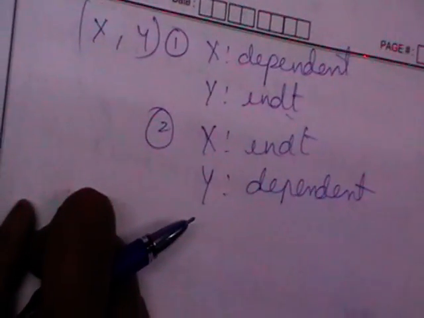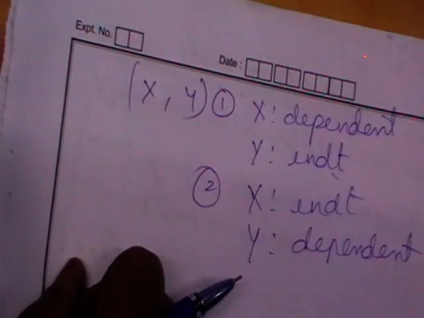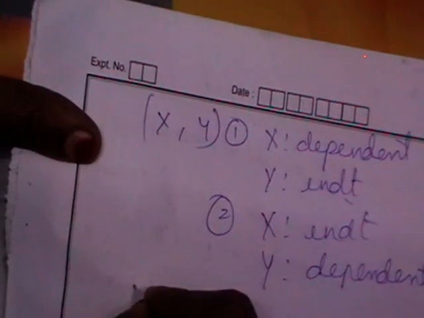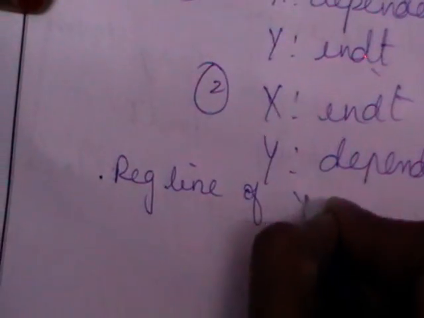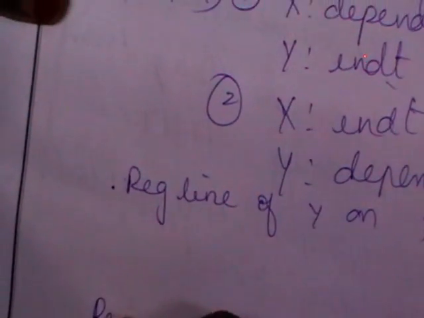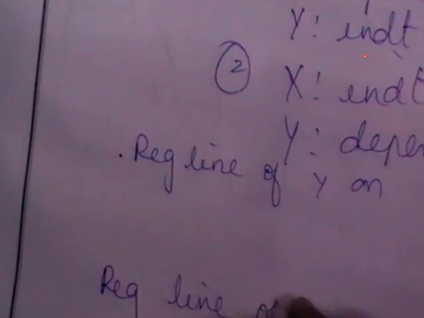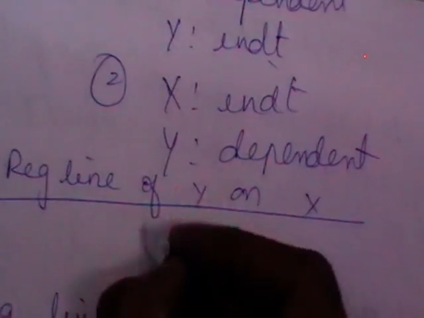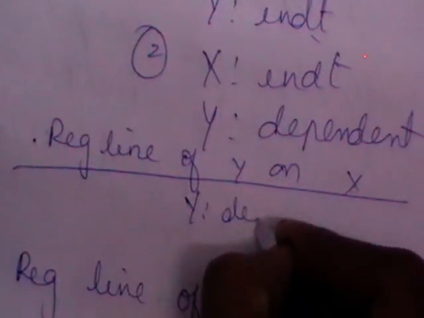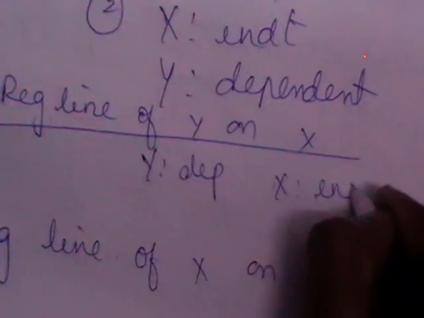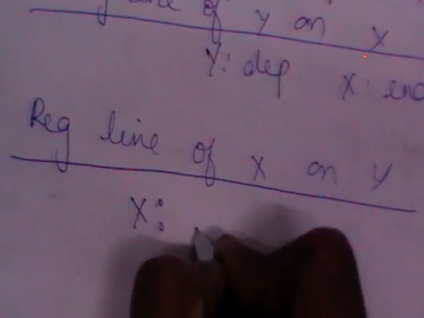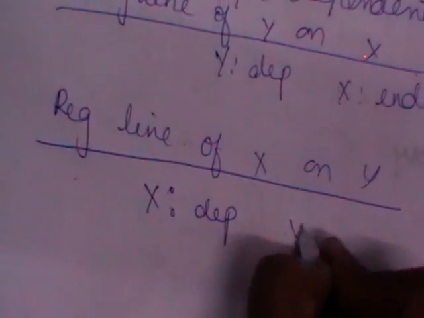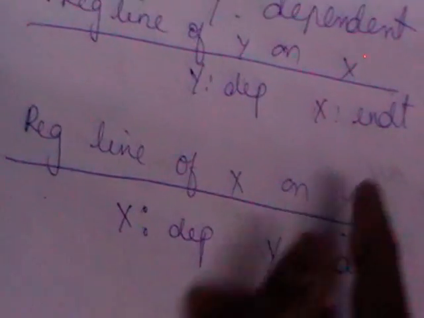Whenever we have two variables, we will have two lines of regression: the regression line of y on x and the regression line of x on y. In the regression line of y on x, y is the dependent variable and x is the independent variable. In the regression line of x on y, x is the dependent variable and y is the independent variable.